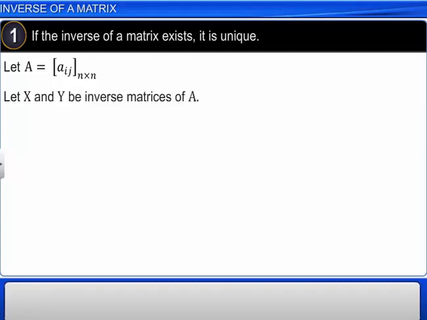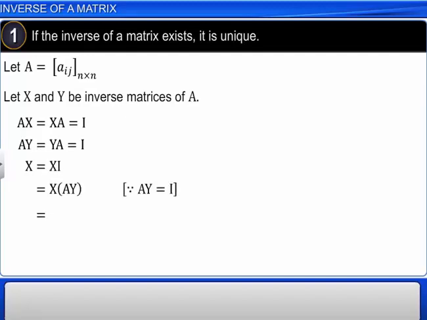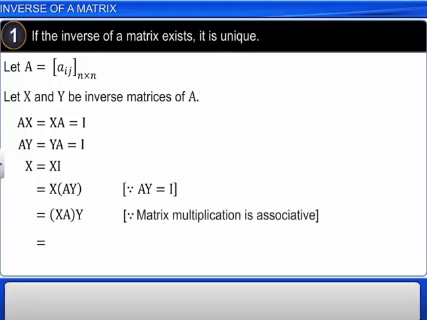Let X and Y be inverse matrices of A. Therefore, the product of matrices A and X is equal to the identity matrix I. Similar is the case with matrix Y. Now matrix X can be expressed as the product of X and the identity matrix of the same order. This relation can be expressed as shown. Therefore, X is equal to Y.